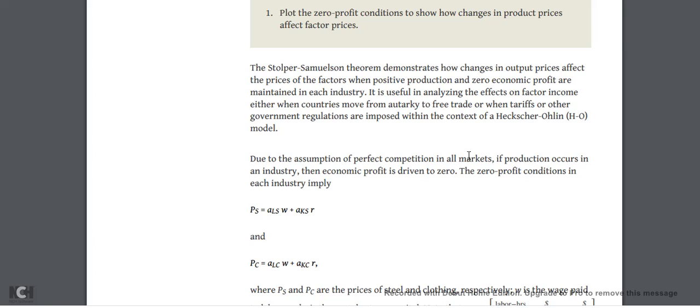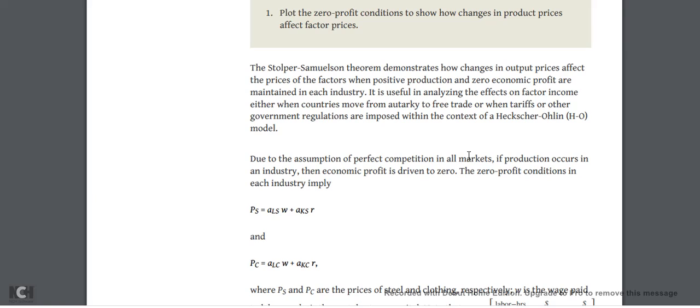Why? Because more industries will enter the market and start producing the commodities, and they will try to maintain a minimum of zero economic profit. Okay, keeping this perfect competition in mind, let us try to understand this theorem.